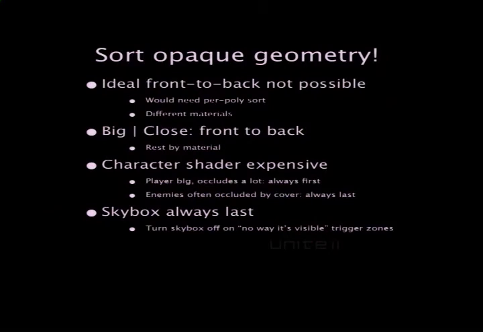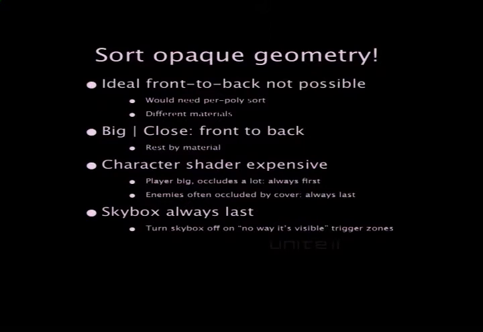I would just cover one thing about the ordering. In the Shadowgun, we did a trick: because we knew the character is always in front of the screen, and it's kind of big, so it always covers at least some portion of the screen, we would use a Unity render queue to always render it in front of everything.